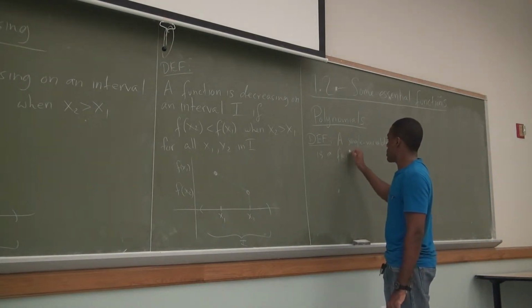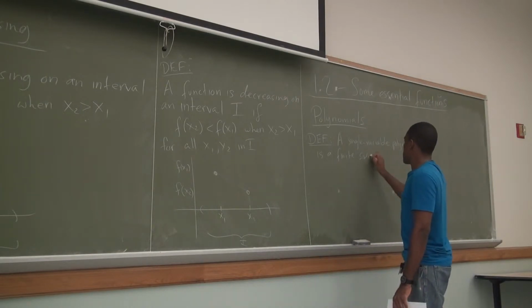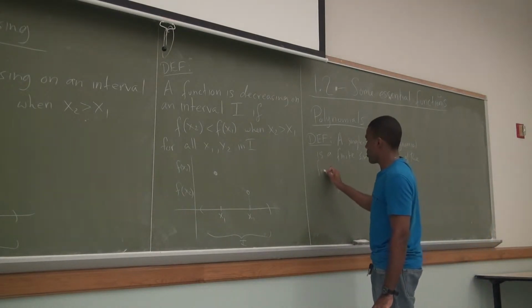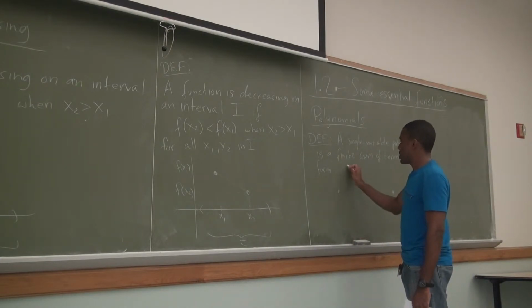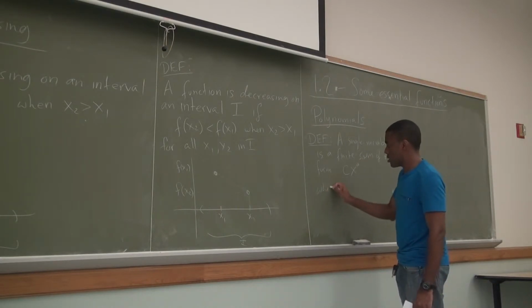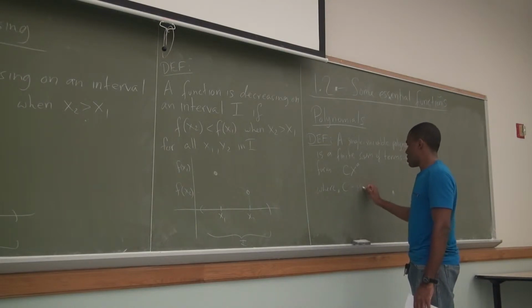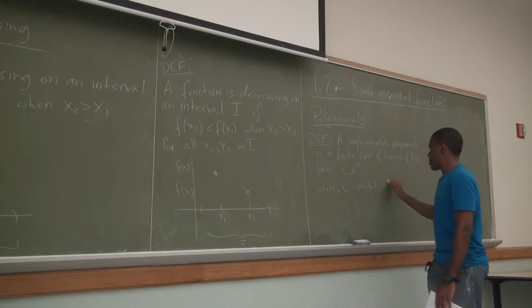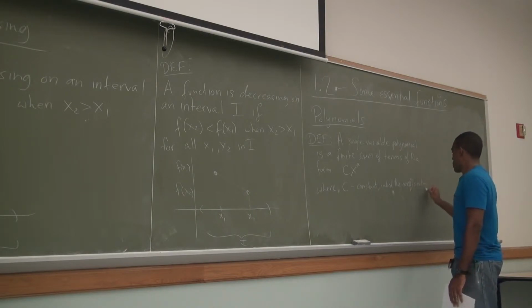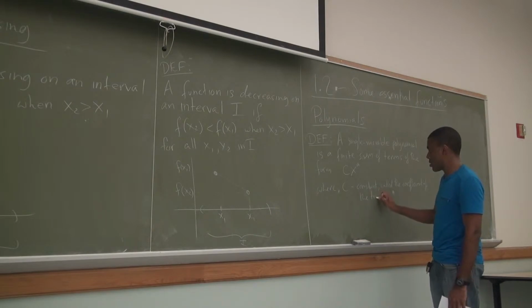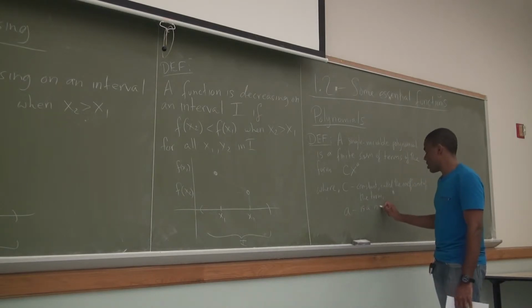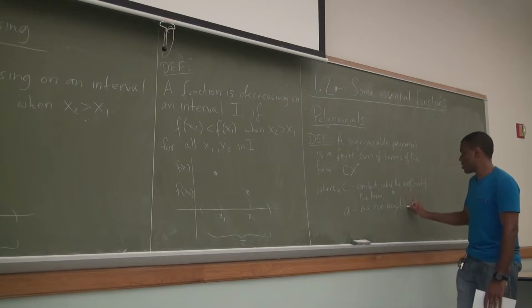A polynomial is a finite sum of terms, where C is a constant called the coefficient of the term, and A is a non-negative integer.